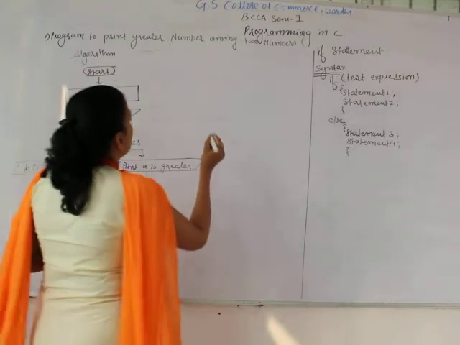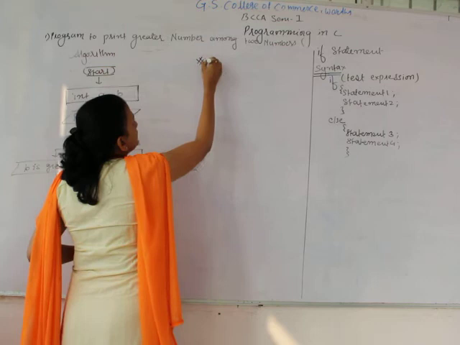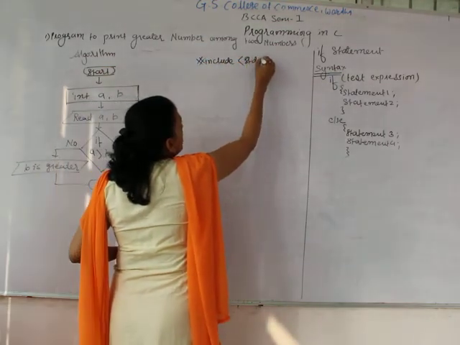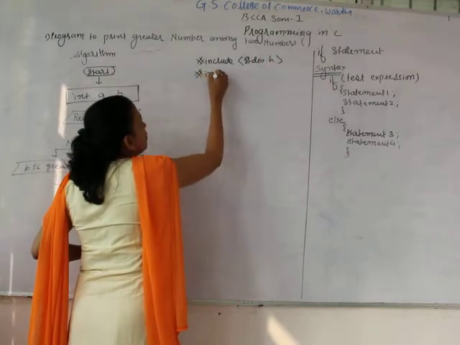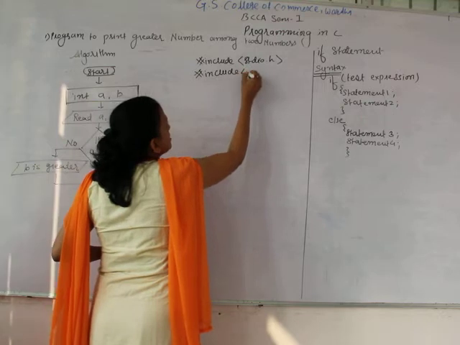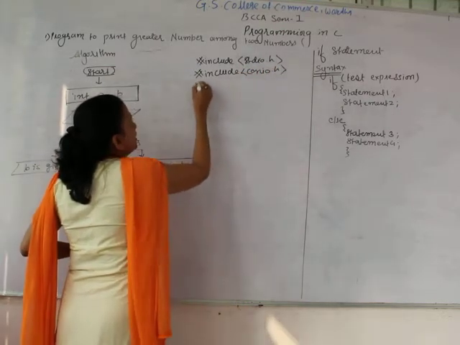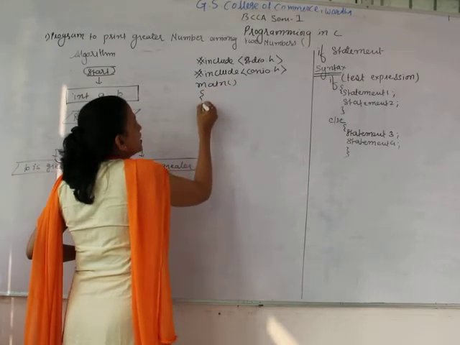Here I am going to write the code, that is, hash include stdio.h. I told you why I am writing this in my previous lecture. Now every program must be written in a main function. Then start.